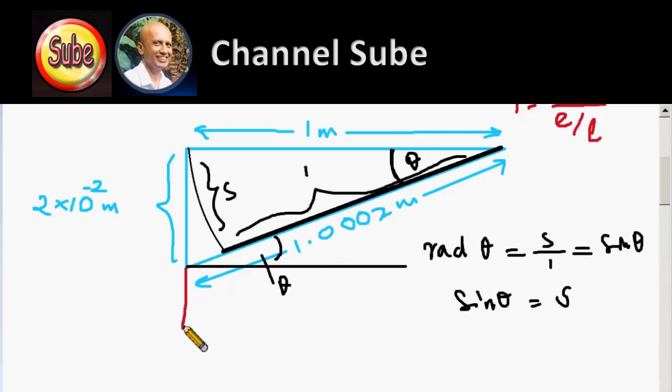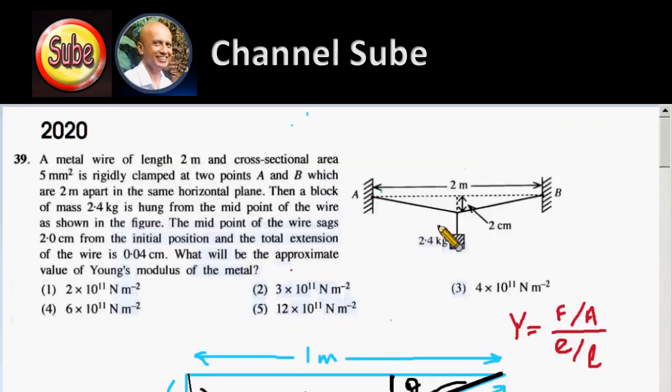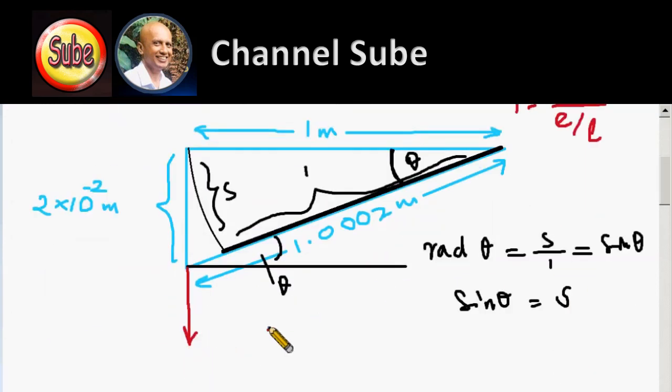So the force applied vertically, this amount 2.4 kilogram is 24 Newton.